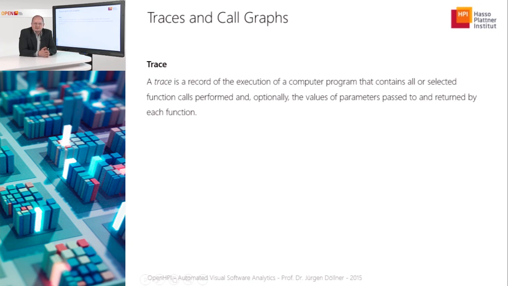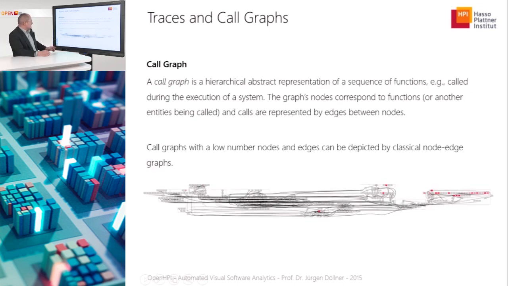So by trace we mean one record that contains a number of executed functions and their parameters and return values. Based on that we can now construct call graphs. A call graph is a hierarchical abstract representation of a sequence of functions called during the execution of a system.